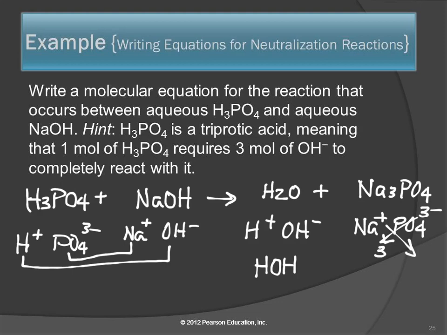Next thing we need to do is balance the equation. Is it balanced as it is? No. What's one element that is not balanced? Sodium. On the left we have 1 sodium, on the right we have 3. So if we put a 3 in front of the sodium hydroxide, that will balance the sodium ions. What else is out of whack? OH. So OH is here and it's hiding in the water.